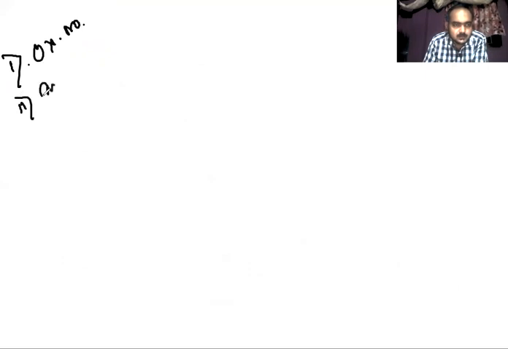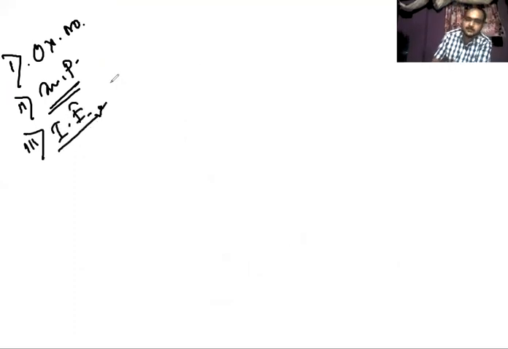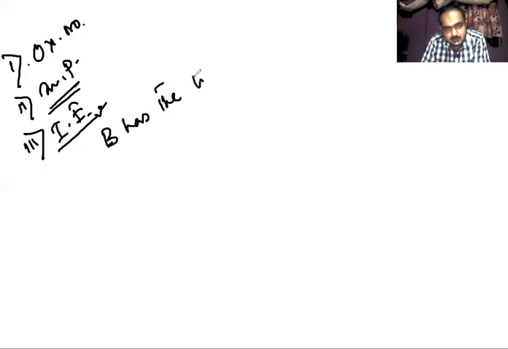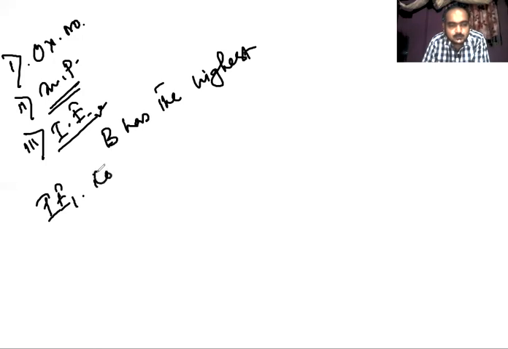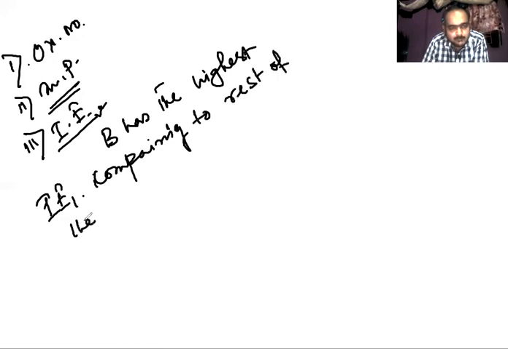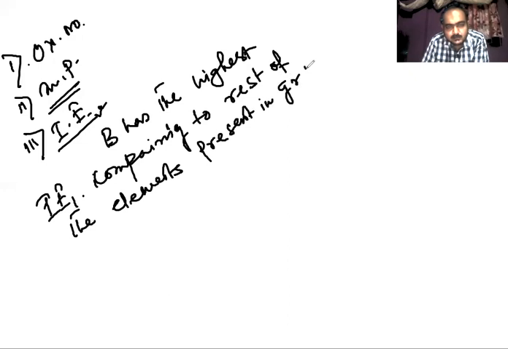Now number 2 is melting point. Number 3 is ionization energy. Actually, boron has the highest IE1, first ionization energy, compared to the rest of the elements present in group 13.